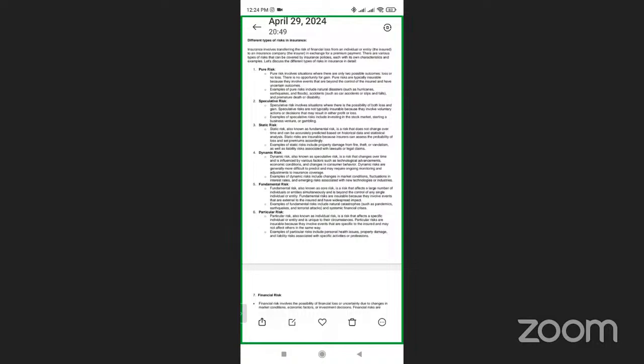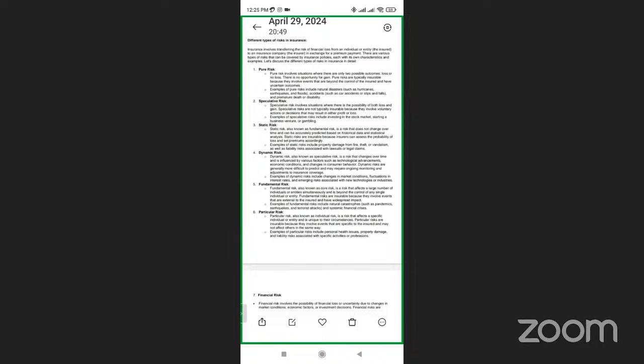So property damage and liability are considered to be particular risks, and particular risks are considered to be insurable because they involve events that are specific to the insured, and may not affect others in the same way. On the happening of the particular risk, only one individual or one business entity might be affected. The particular risk is insurable.